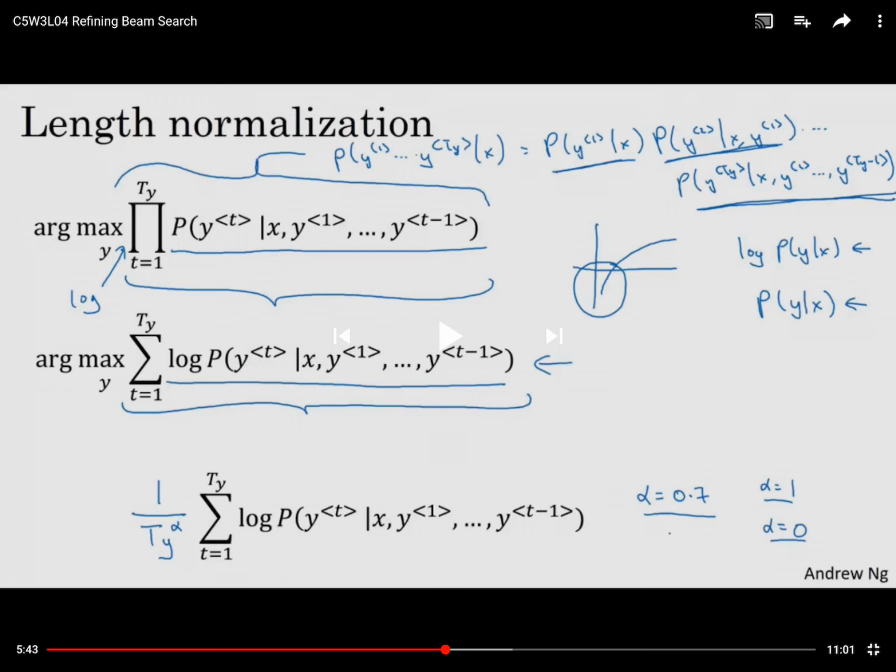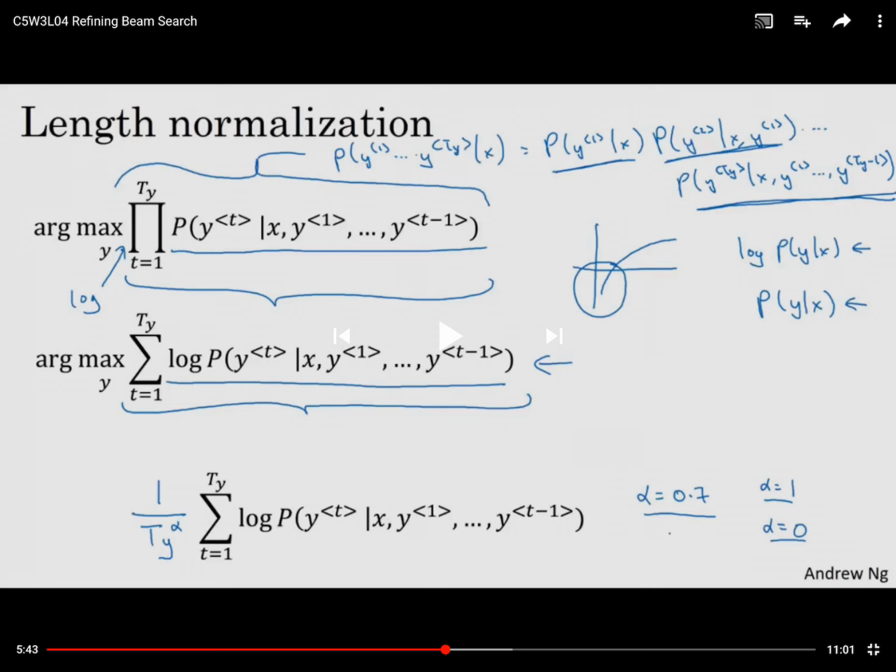But in this case, if we just normalize it by the number of tokens, then it will be just computing the average probability. But if we consider this kind of normalizer, where alpha is set to less than 1, like 0.7, or even 0, then it's in between the total sum of the probabilities and the average probabilities, okay?